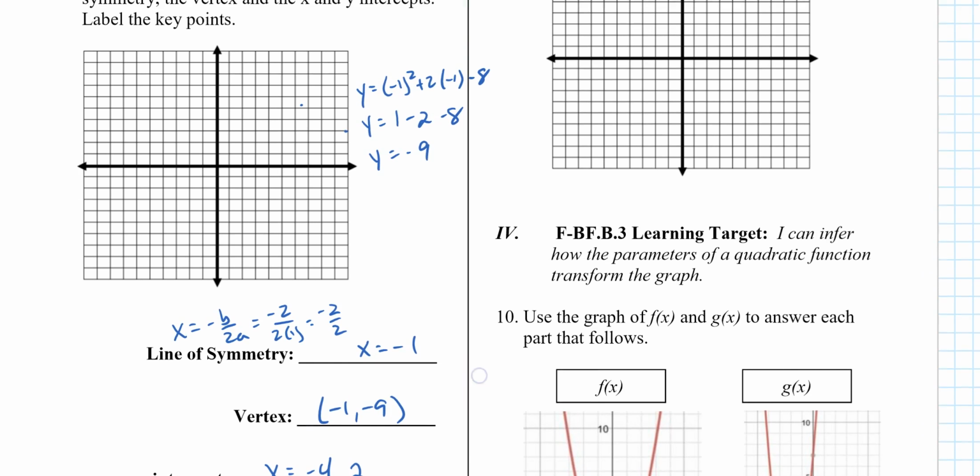My vertex is at (-1, -9). 1, 2, 3, 4, 5, 6, 7, 8, 9. And my zeros at -4 and positive 2. And there's my graph.